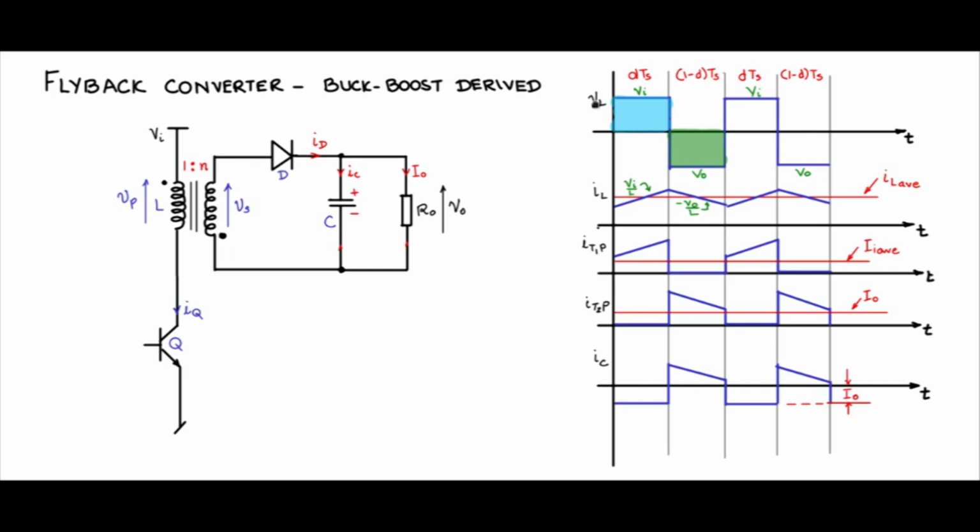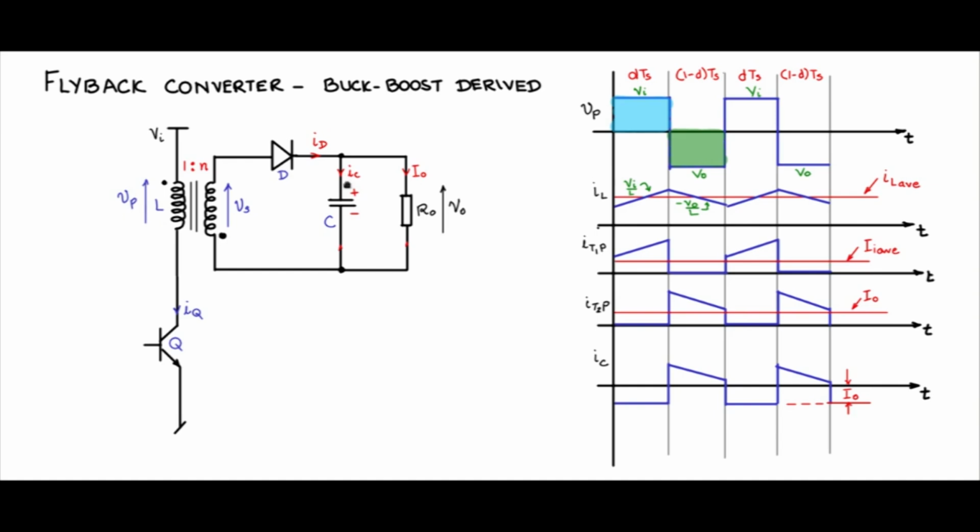VL here, the voltage across the inductor, is indicated as Vp here, voltage across the primary inductor, and Vs, voltage across the secondary inductor. So let us replace this VL with Vp, voltage across the primary inductor.